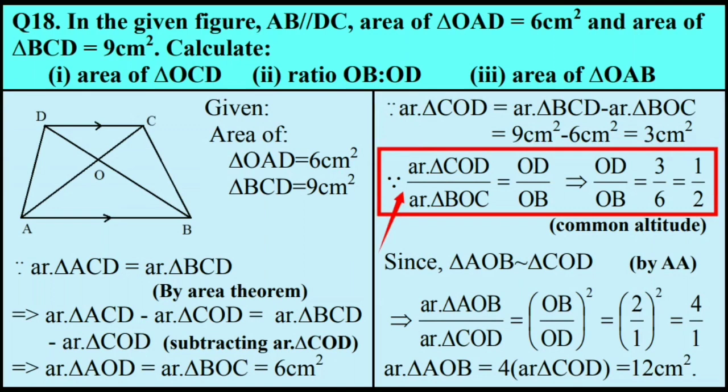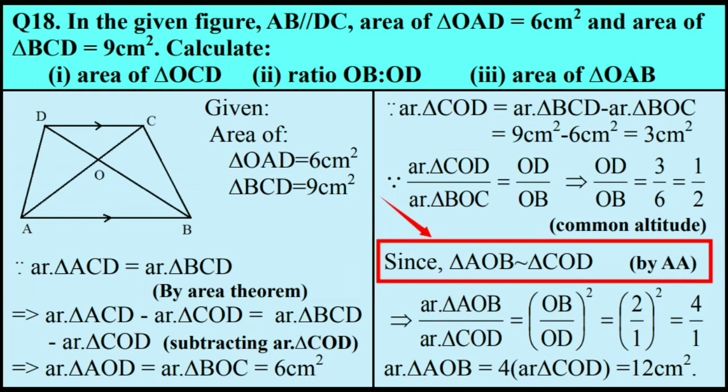And in this step, area of triangle COD divided by area of triangle BOC is equal to OD by OB by common altitude, where OD is the base for triangle COD and OB is the base for triangle BOC, and the value obtained is 1 by 2.